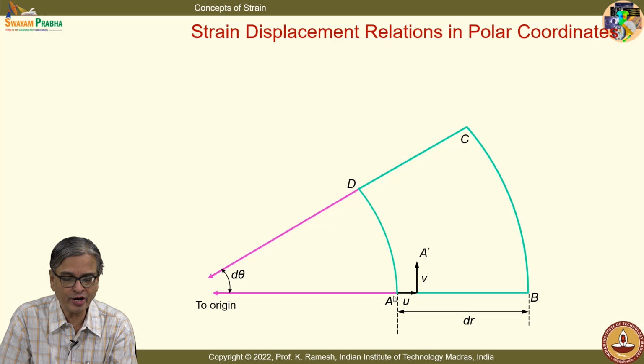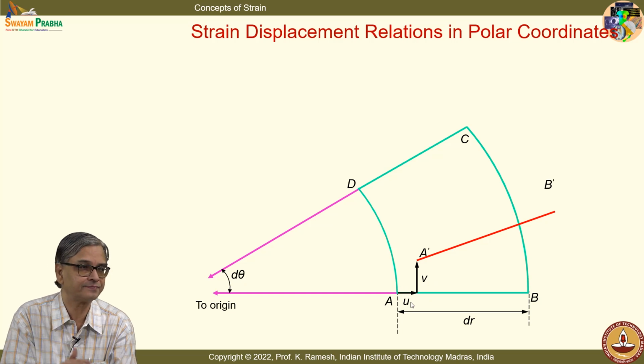And I have point A shifted to A prime. Let me see how I locate point B prime. I have moved by a distance dr. So, u is a function of both r and theta, fine. v is also a function of both r and theta. So, I should write the incremental quantities from Taylor's approximation properly.